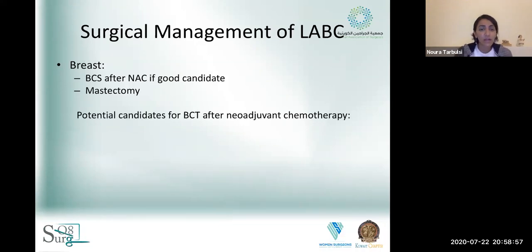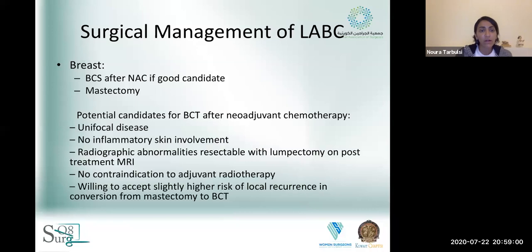Who are potential candidates for breast conserving therapy after neoadjuvant? Unifocal disease, no inflammatory breast cancer, radiographic abnormality is resectable with lumpectomy on post-treatment MRI, no contraindication obviously to radiotherapy, and you have to make sure that you're offering this to a patient who is committed to follow-up and is willing to accept slightly higher risk of local recurrence when they convert from mastectomy to breast conserving therapy after neoadjuvant chemotherapy.